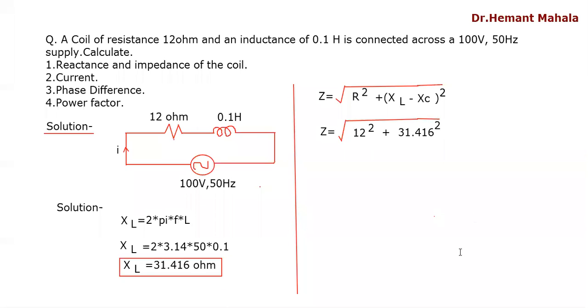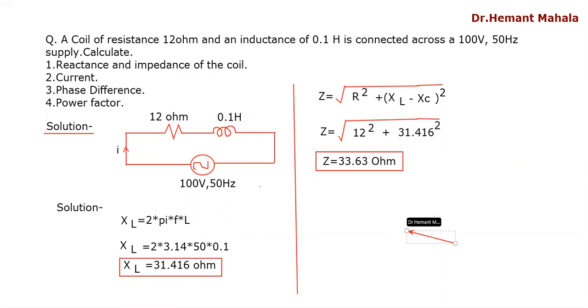Okay, so the formula of impedance is under root of R square plus XL square. After calculation we got the value Z is equal to 33.63 ohm. Okay, so it is our second answer.